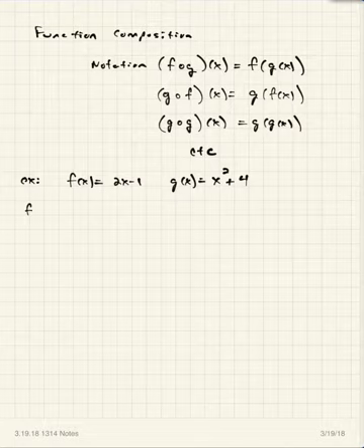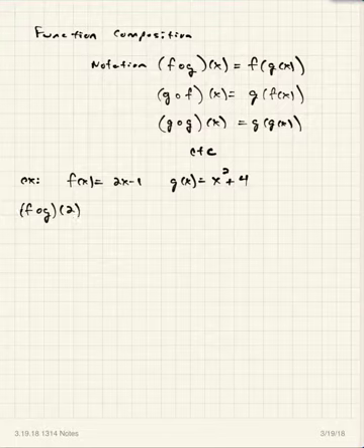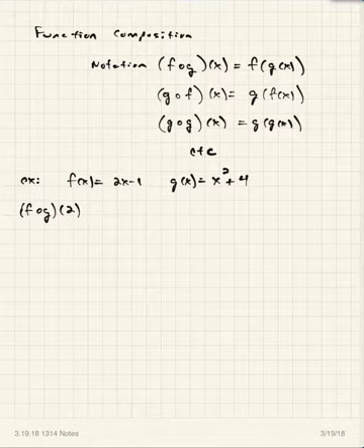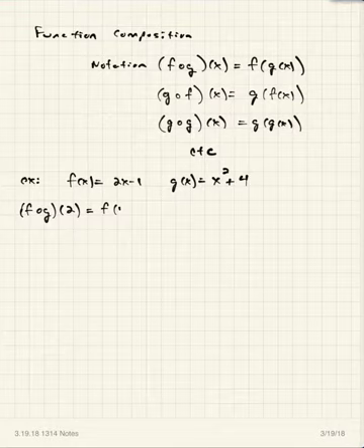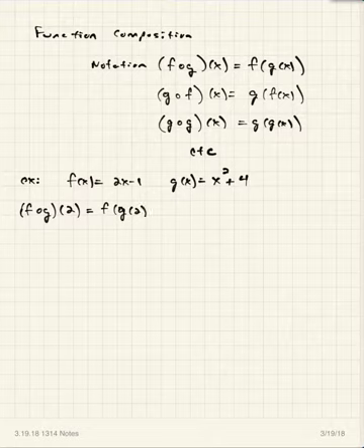So let's say, for example, we talk about f circled g of 2. We hadn't really gotten into this kind of problem specifically last time. But you would write down the definition. This would be the f function of the g function of 2. This is f of g of 2.